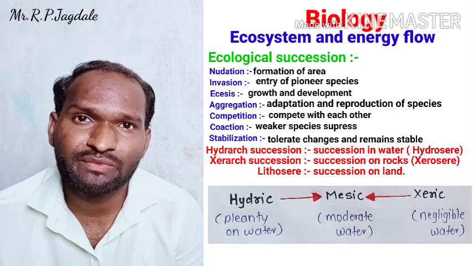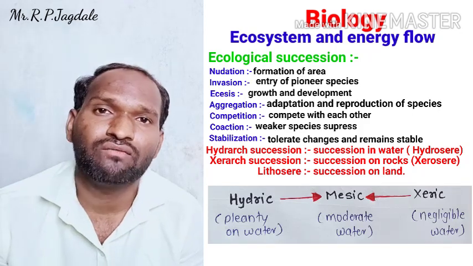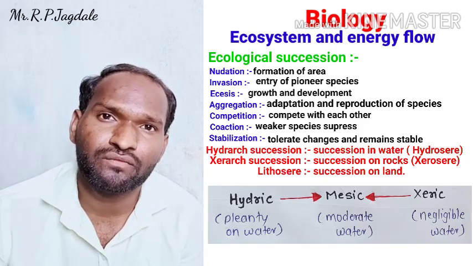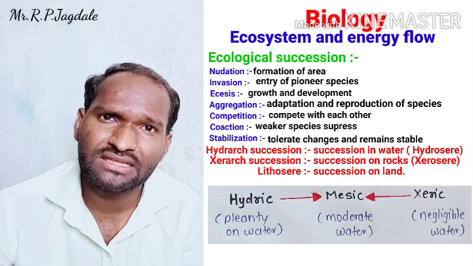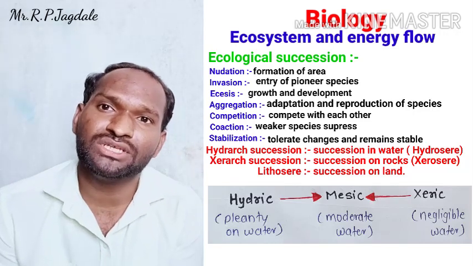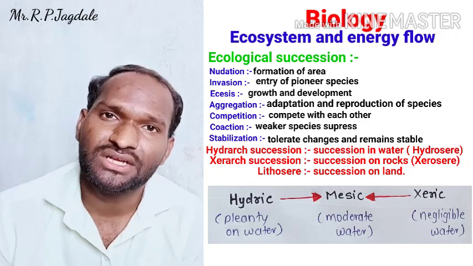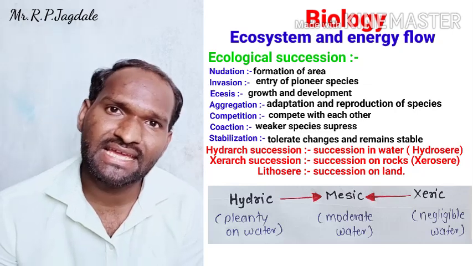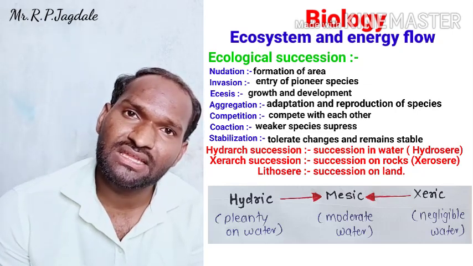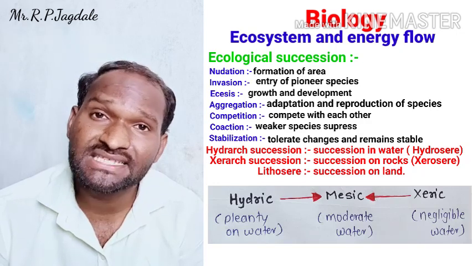One succession takes place in a very dry area, called xerarch succession, and one takes place in a very watery area, called hydrarch succession. In between these two, you can see one type of condition, the mesic condition.